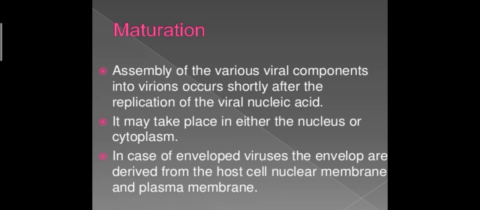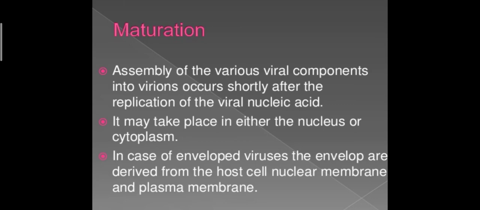So what you have seen in that last peak, after getting maturation, that means initially it was in growing stage. After getting matured only, it will cause complications to the other cells. It may take place either in the nucleus or in the cytoplasm. Some viruses make replication in the cytoplasm, some viruses in the nucleus.